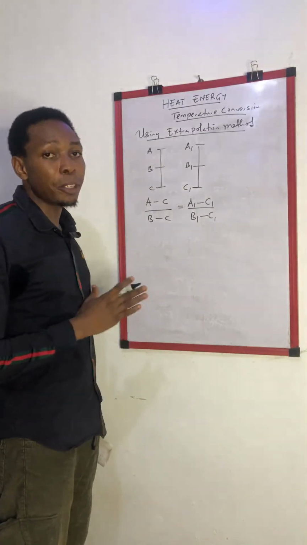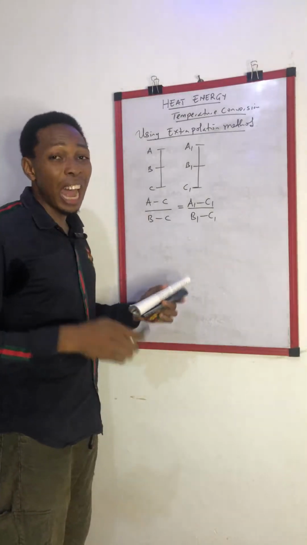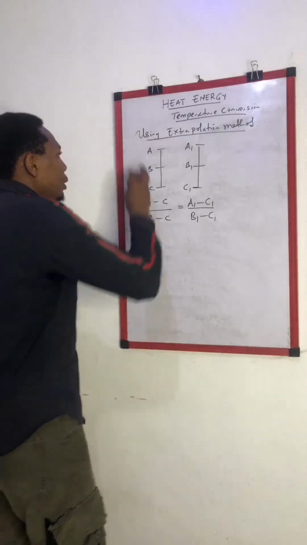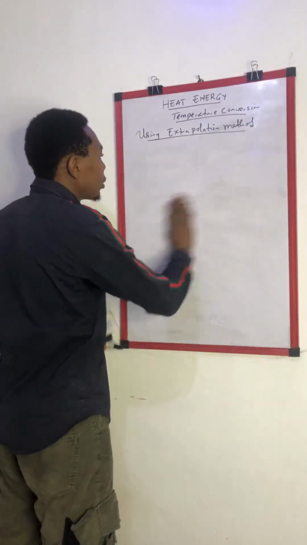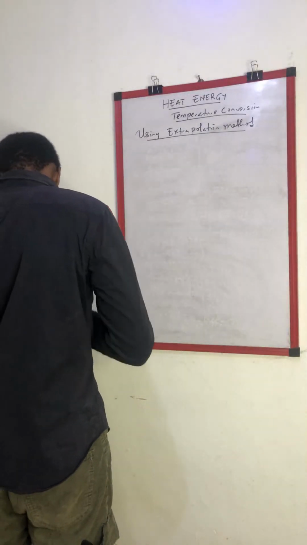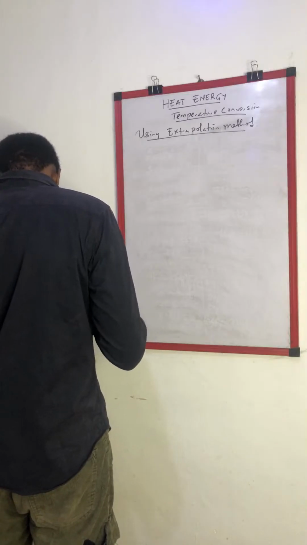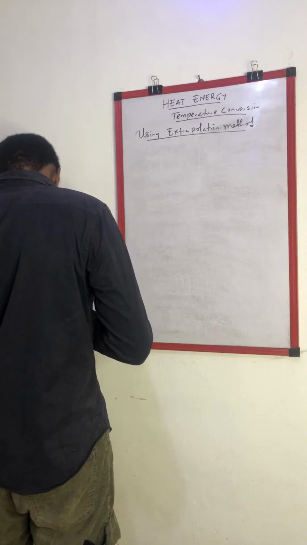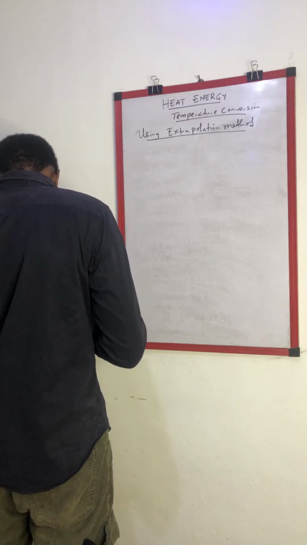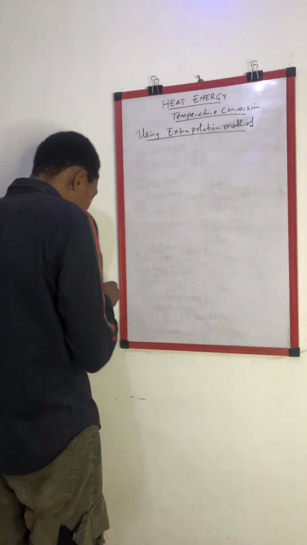So we are going to be picking questions from here and applying this formula. We are going to be solving as many questions as we can. For the first question, all right, I've gotten one.